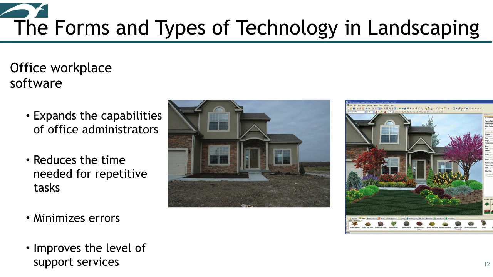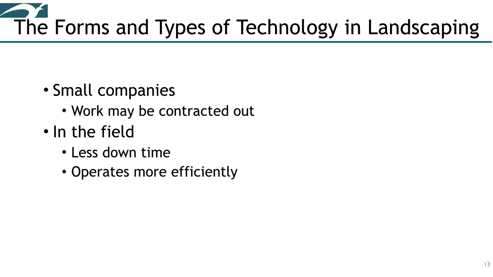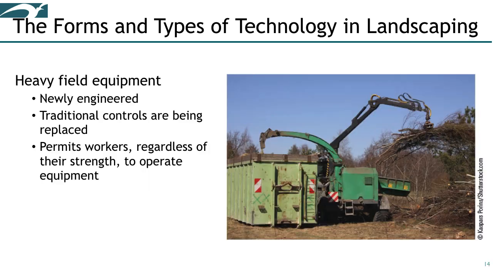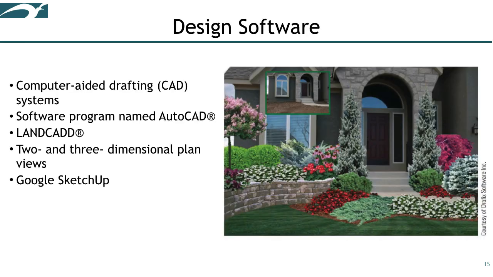It reduces the time needed for these repetitive tasks. In the larger landscaping industry, they tend to contract the work out to smaller companies because they are more efficient and operate well within the field. Some heavy equipment is now operated entirely by technology and computer, but you still find some that is used manually.